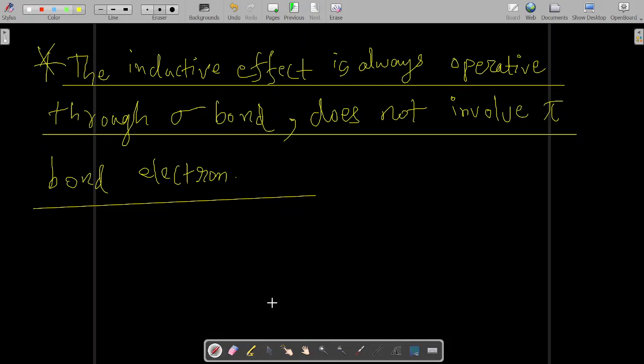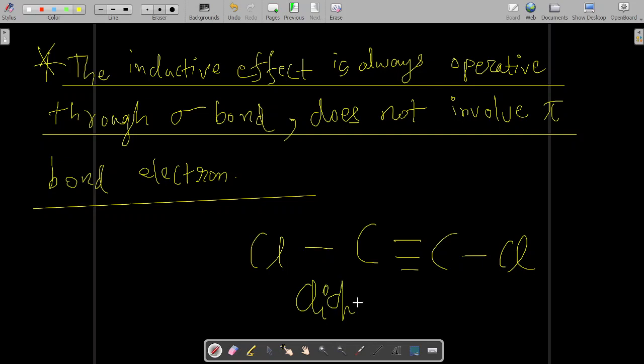For example, suppose we have a situation of this kind. What is this? This is dichloroethane, right? So in this dichloroethane, what happens?